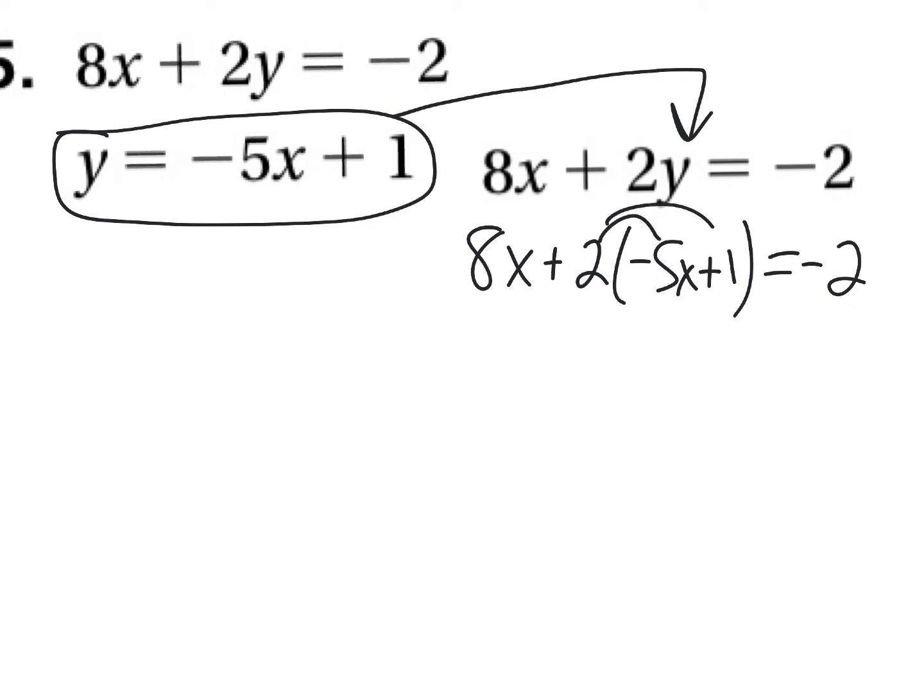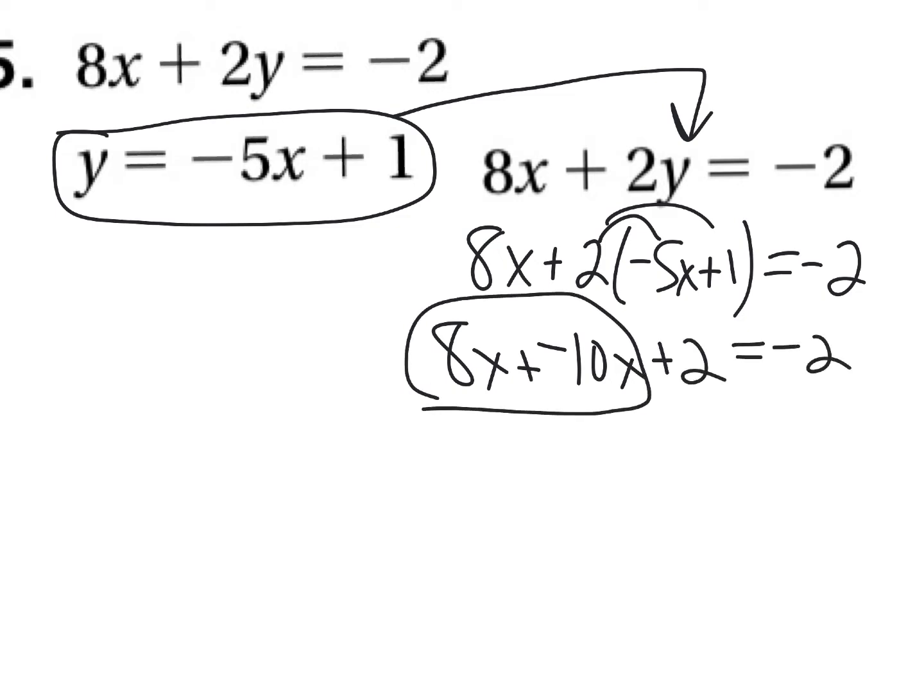So once we've substituted, we can distribute this. We can combine like terms. That would be -2x plus 2 equals -2.